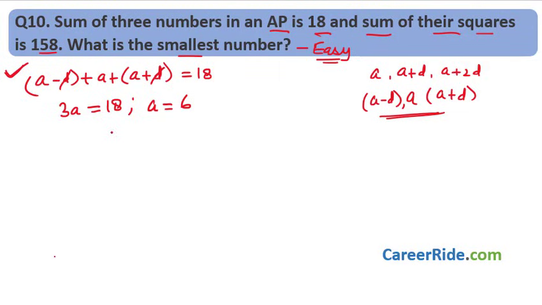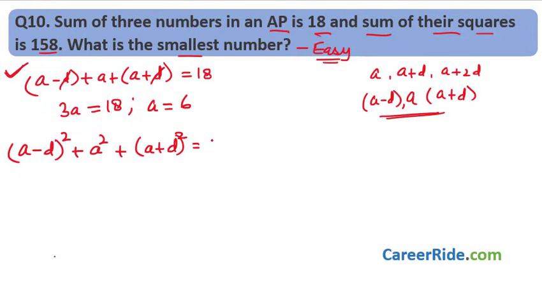Okay. Now what is given to me in the question further? It is given to me that the sum of their squares, the squares of the terms, is 158. So it is given to me that a minus d square plus a square plus a plus d square is equal to what?